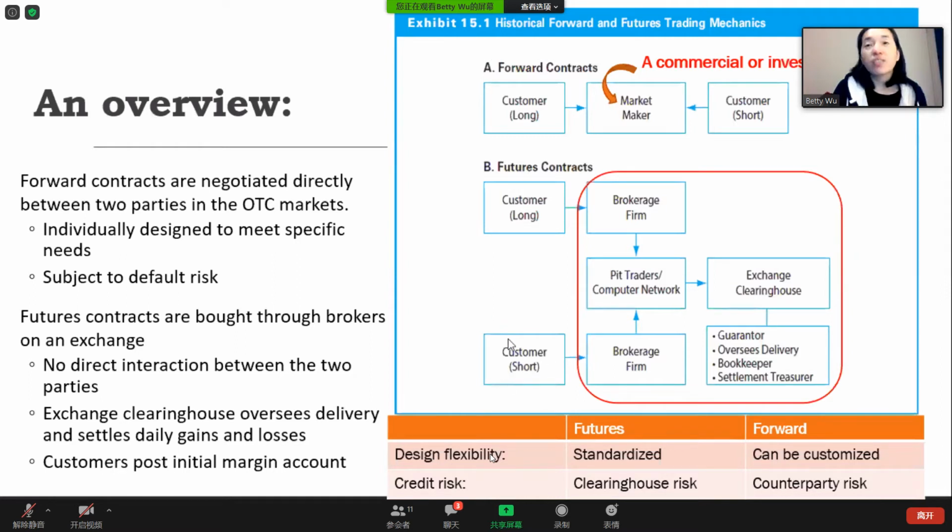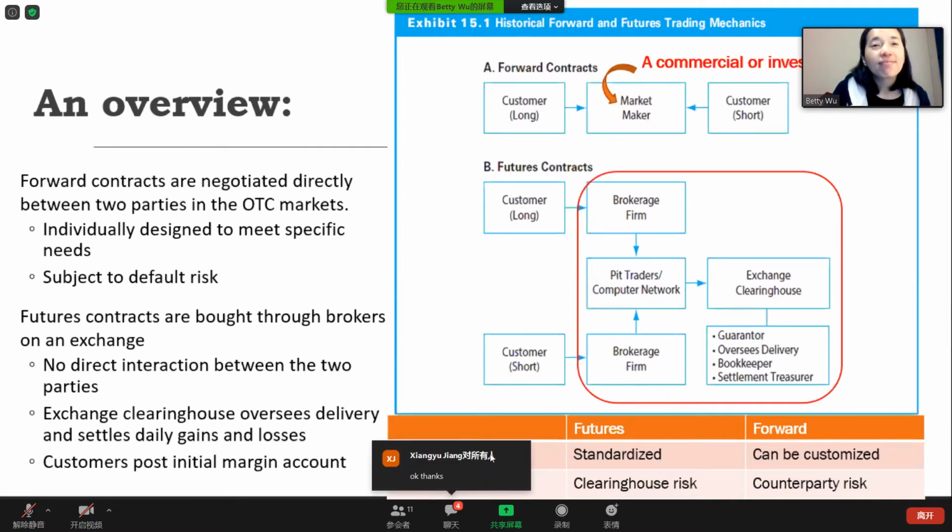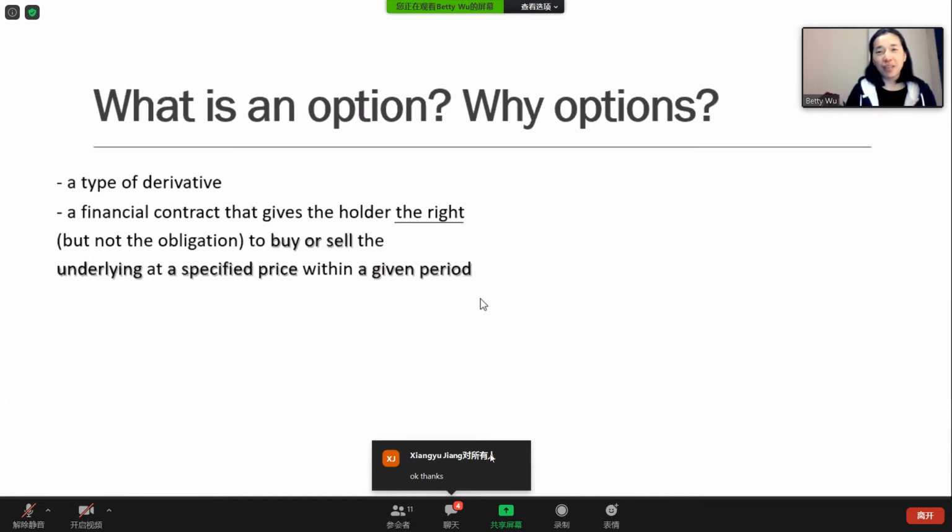It wouldn't be the other side. But in this case, if something goes wrong, then it's the other party that has to bear the consequences. Is that okay? Okay, great. Very good. Still with me?